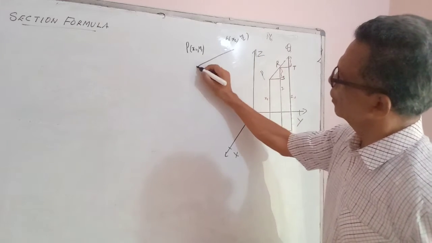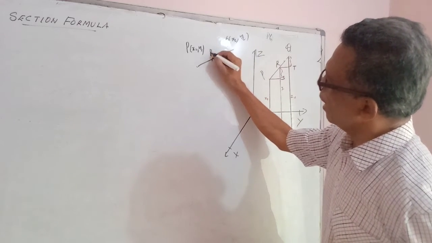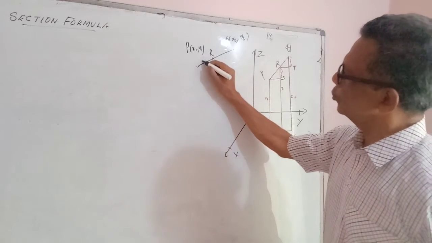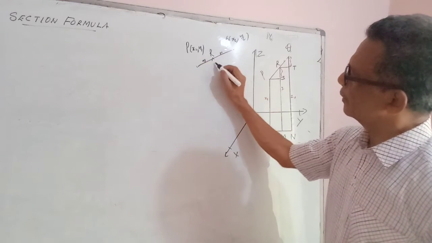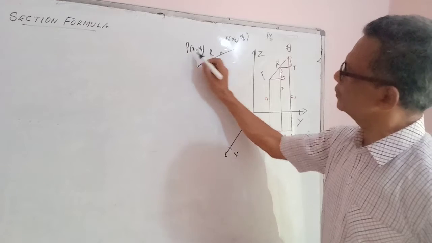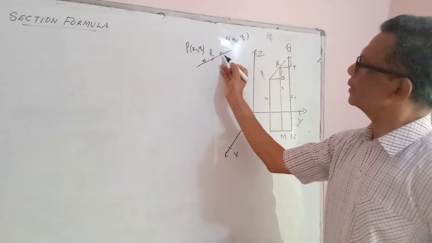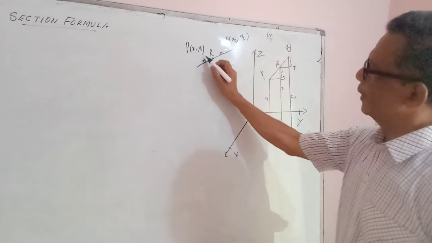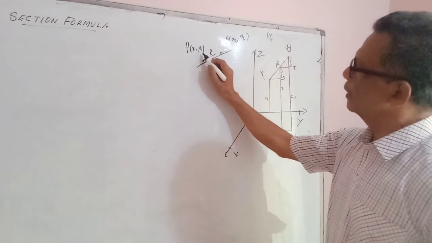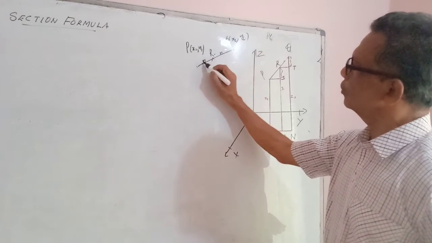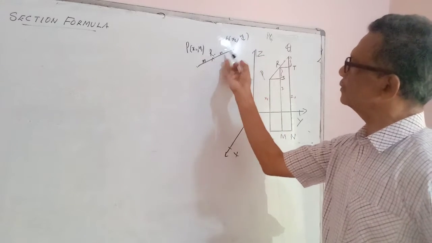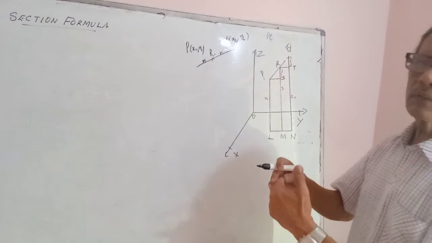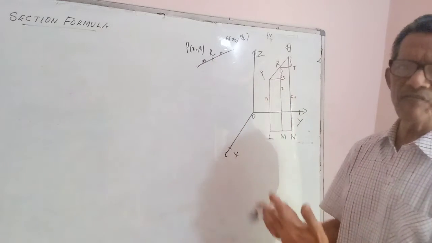If a point R divides PQ internally in the ratio m is to n, then the x coordinate of this point is (m x2 plus n x1) by (m plus n), and the y coordinate of this R is (m y2 plus n y1) divided by (m plus n). Here is the extension of the same formula.